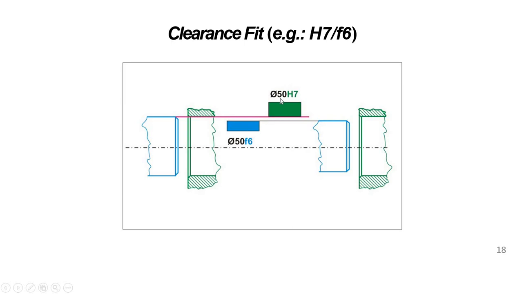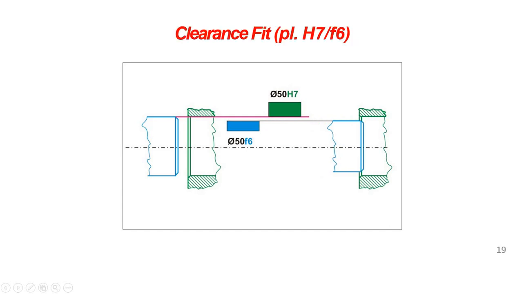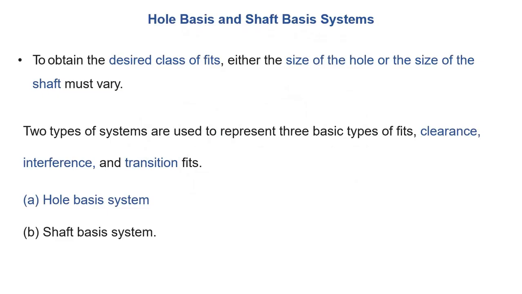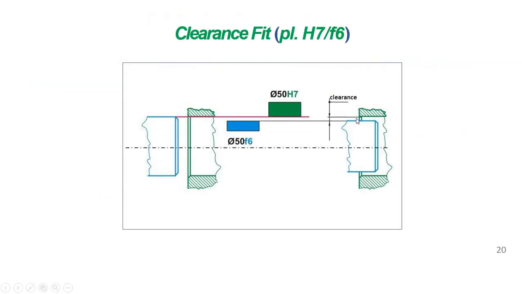Okay, so H7 and F6 will have the clearance fit. Also H7, F6, okay, clearance is there. Okay, so you can see in this figure that this is the maximum clearance or minimum clearance or fundamental clearance that can be achieved by using this clearance fit.